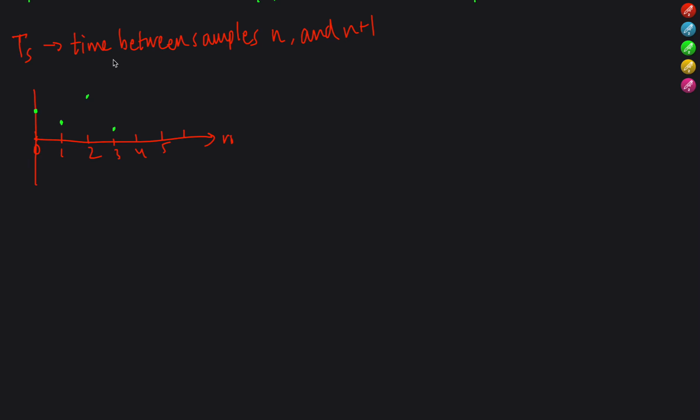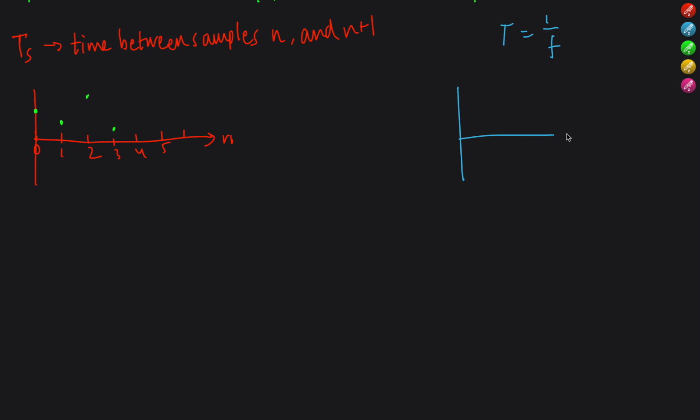From this, we also define the frequency. In general, we know period and frequency are inversely related. The period of something is the amount of time.